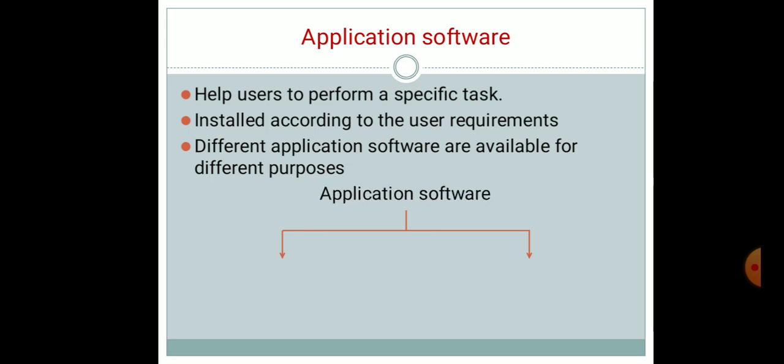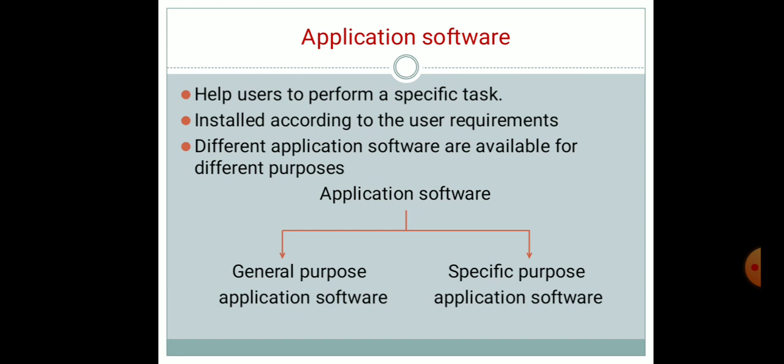This application software is again classified into two types: general purpose application software and specific purpose application software. So application software is a software used for a particular task. In this we have two types. Let us see these one by one.